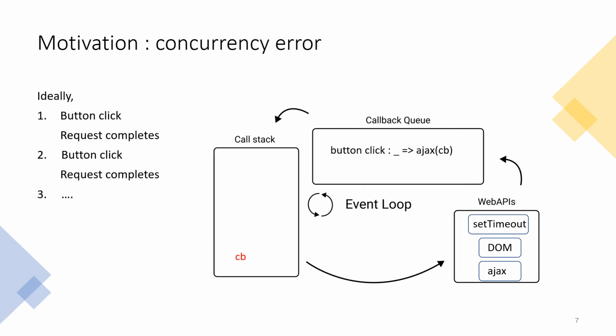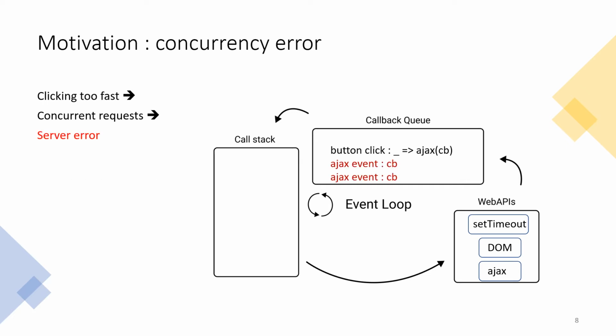That is, before the button is clicked again, the previous request has completed. This way, there will not be any concurrent requests. However, if the remote server is slow, then multiple requests may be generated from the button clicks, which causes the server error. This type of error can be difficult to debug since it is due to the incorrect state of the server instead of the client.